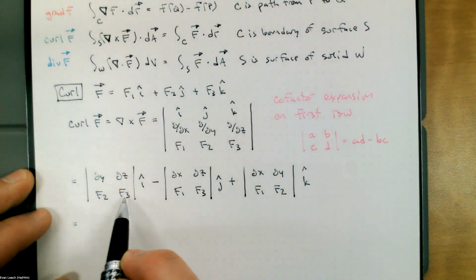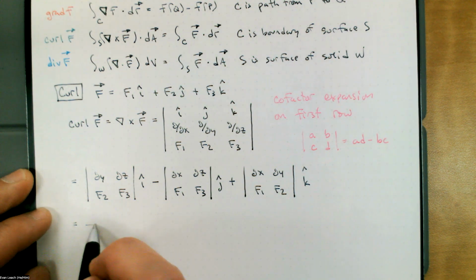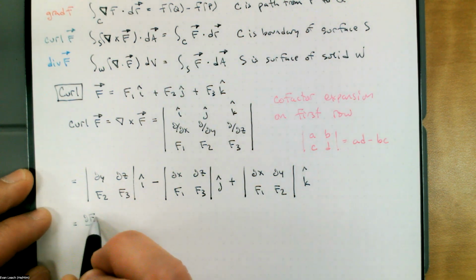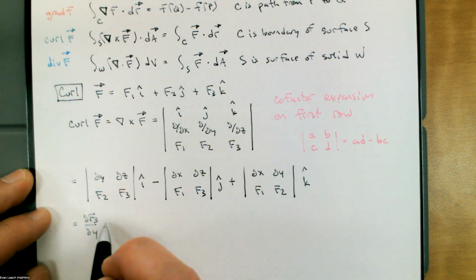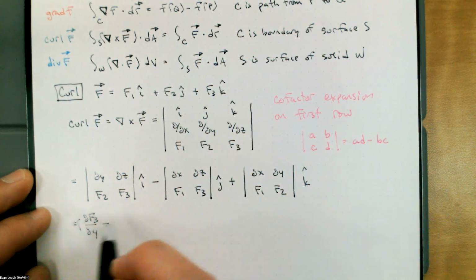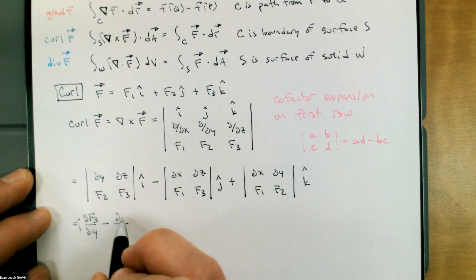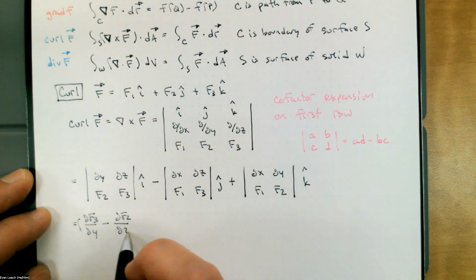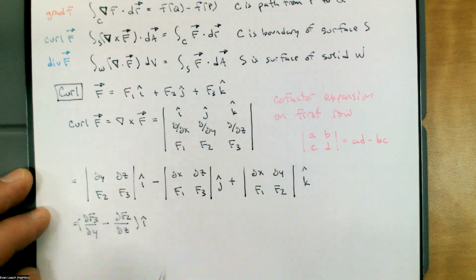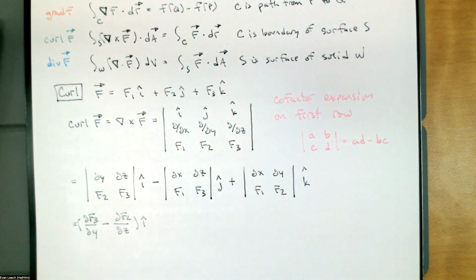So I have partial of F3 with respect to y, minus the partial of F2 with respect to z. There's our i component.